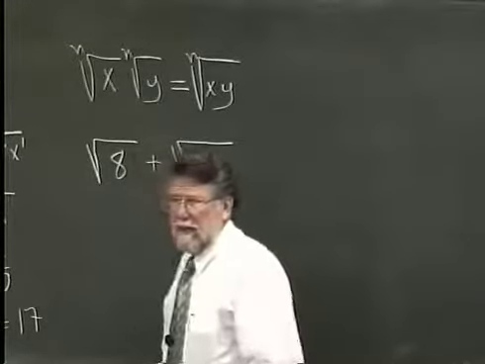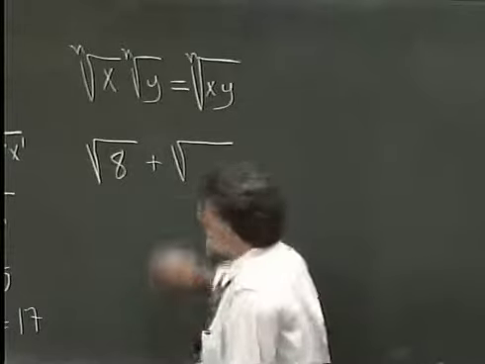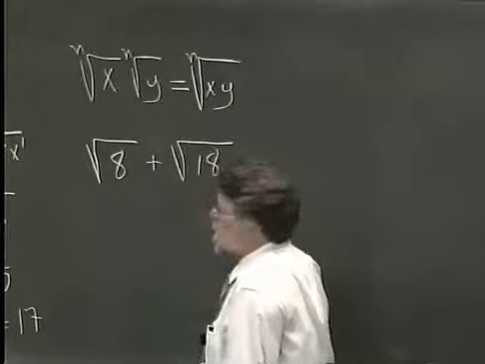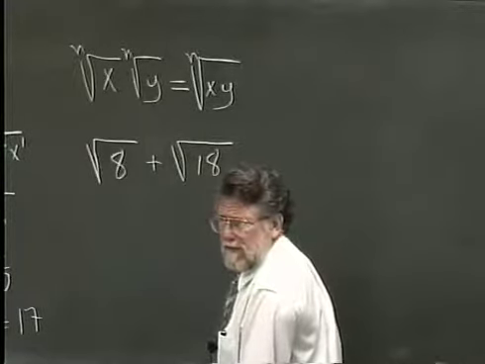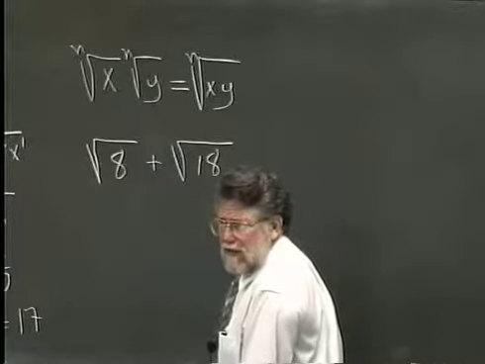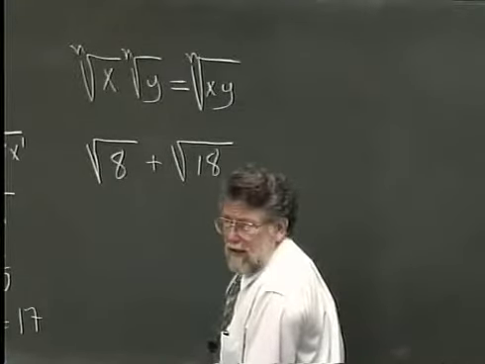Now adding them instead of multiplying them. Now I have to pick a number here in my head. Square root of 8 plus the square root of 18. Now, there is nothing short of putting decimals for those that you can do at the moment.